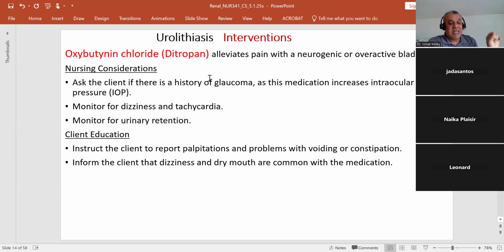So conscious sedation for this ESWL, it's non-invasive. It's like an ultrasound machine next to the patient's flank, emitting these shock waves. It will break the stone into small, tiny fragments. Patient will pass it. Post this treatment modality, we are going to teach the patient to strain.